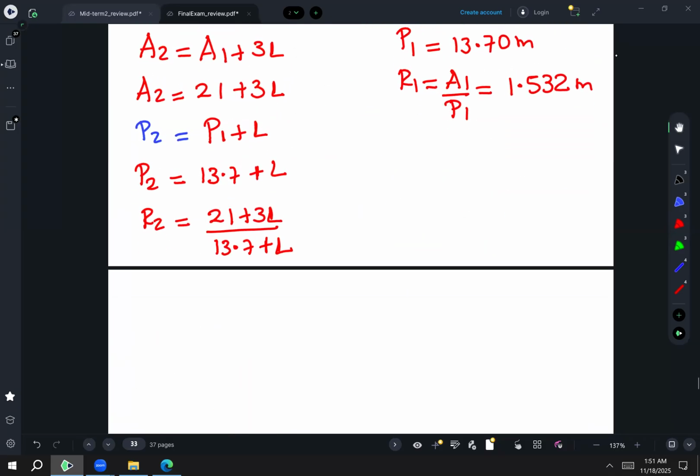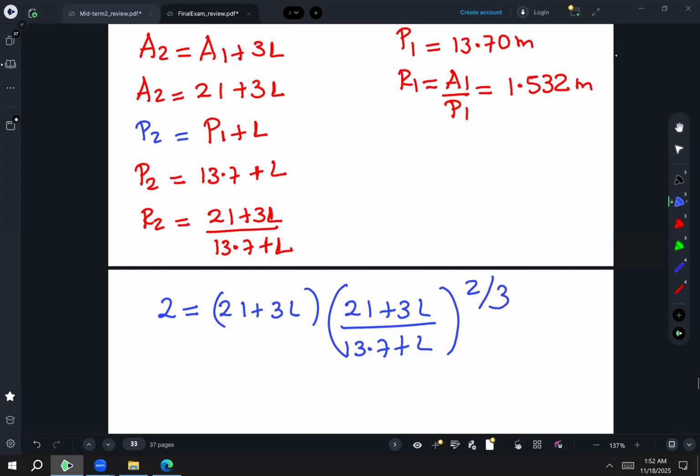Therefore, I can plug all of these values into this equation. So 2 is equal to area 2, which is 21 plus 3L, times the hydraulic radius 2 to the 2/3, where the hydraulic radius 2 is 21 plus 3L divided by 13.7 plus L, all divided by area 1, which is 21, times the hydraulic radius 1, which is 1.532, to the power of 2/3.